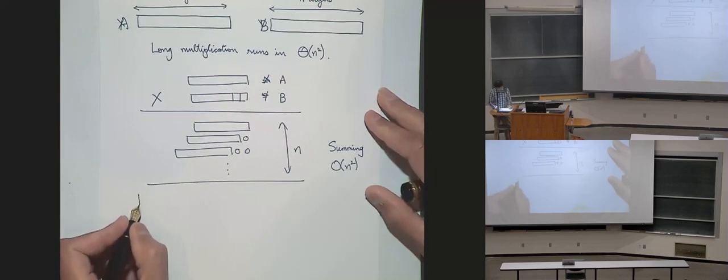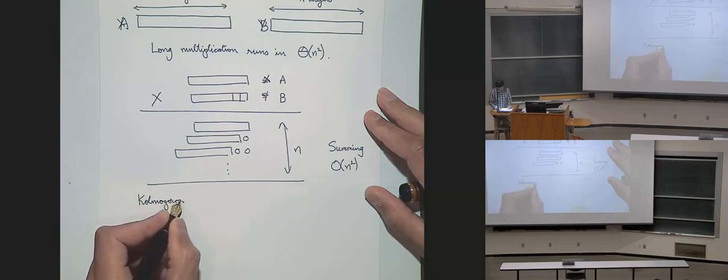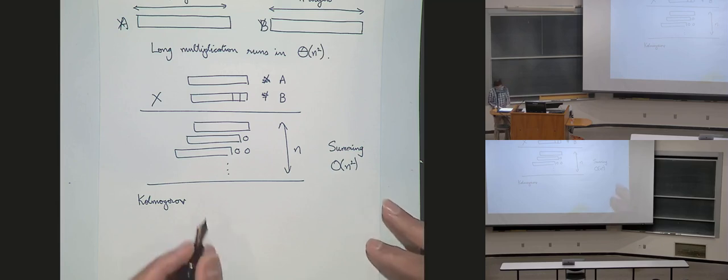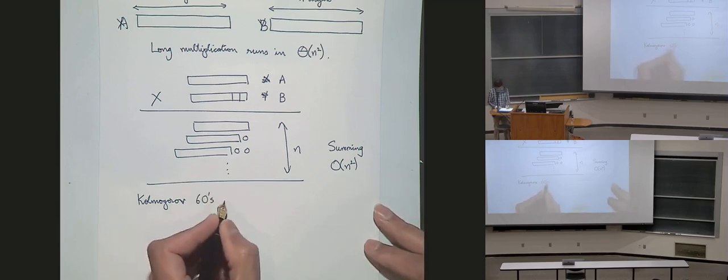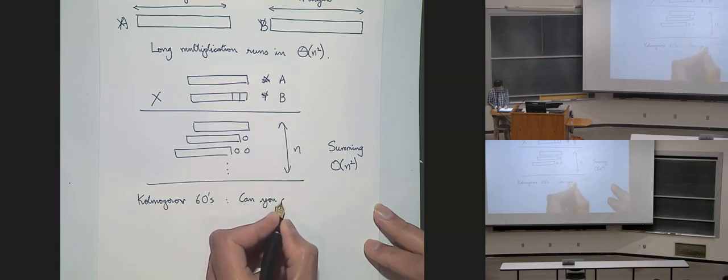Kolmogorov, if you've seen in math and computer science or in physics, the name Kolmogorov will keep coming up. Kolmogorov was a Soviet mathematician, and in the 60s, he asked, can you do better?